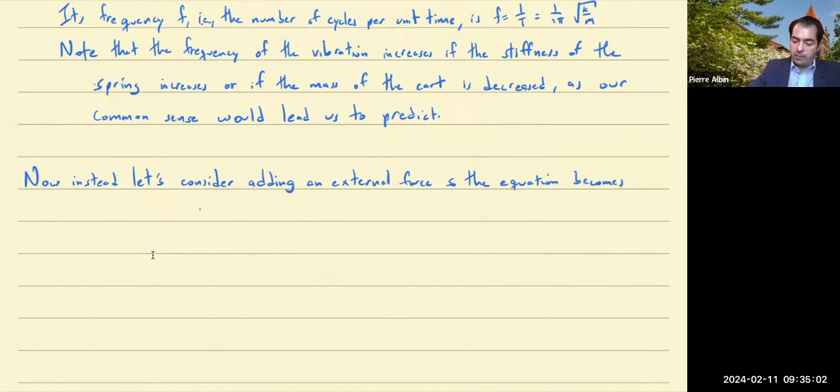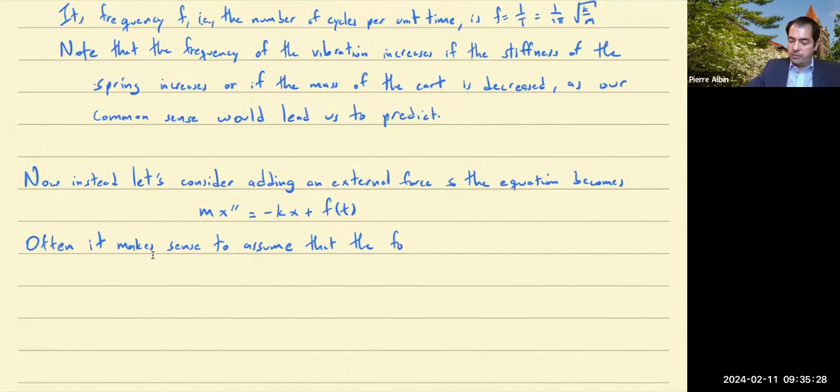So the equation would become m times the acceleration is equal to minus kx plus f of t. So often, it makes sense to assume that the forcing term is some periodic function.